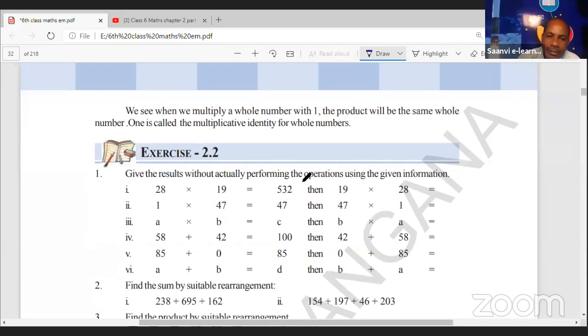Okay. So let us see exercise 2.2. Before completing this exercise 2.2, first see the first bit. It is given: give the results without actually performing the operations, using the given information.